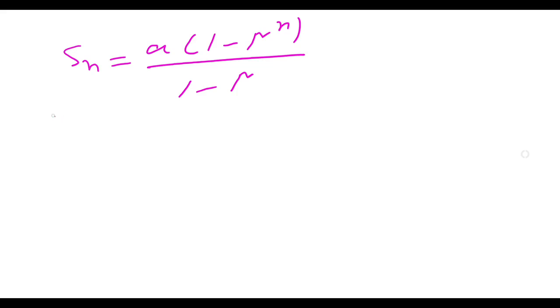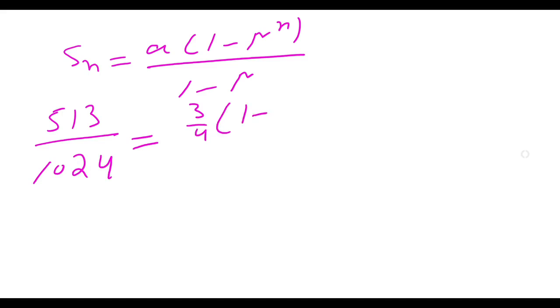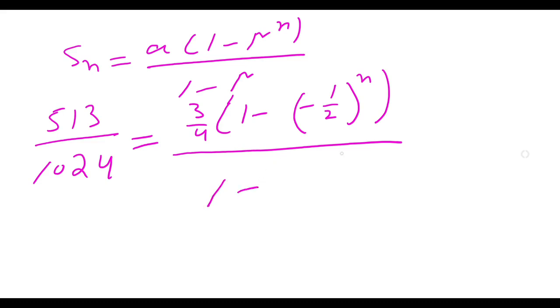So Sn we got 513 over 1024 is equal to a, we got 3/4, times the bracket 1 minus the ratio we got, (-1/2)^n, bracket close, over 1 minus r, we got 1 minus (-1/2). I'm going to simplify the equation now.